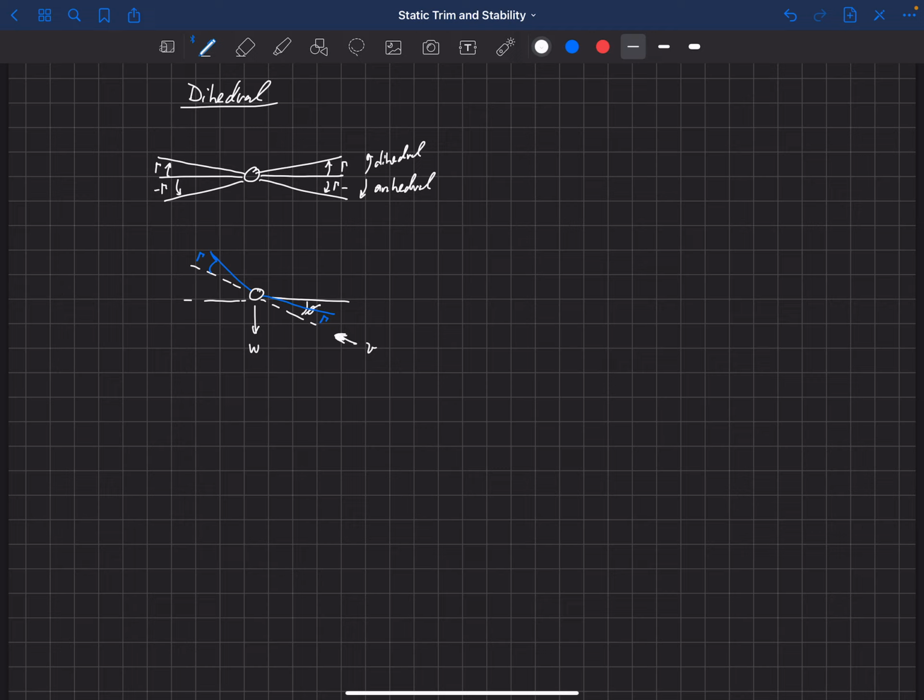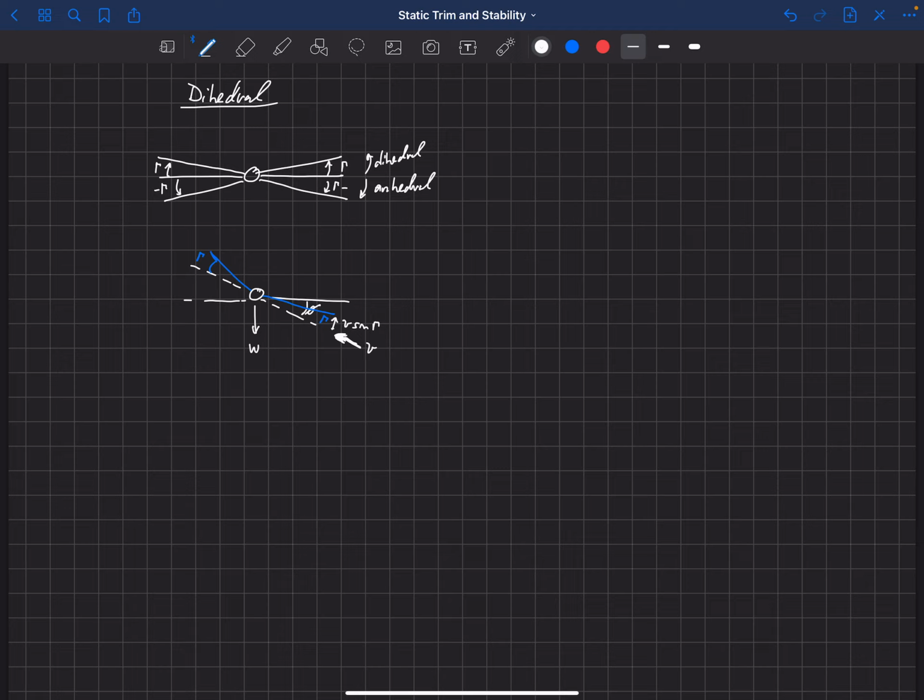So we get some little v, and the component of that perpendicular to the wing itself is little v times the sine of gamma, okay? So we have these two components. v is our side slip velocity, and then we've got v sine gamma that's actually perpendicular to that wing.